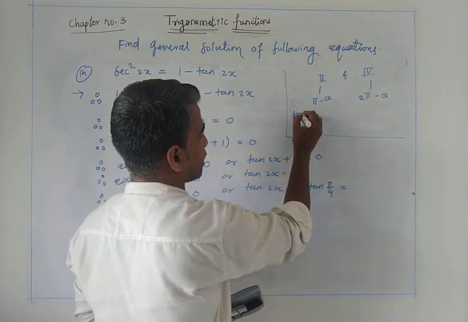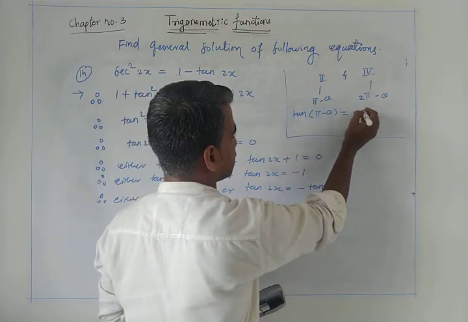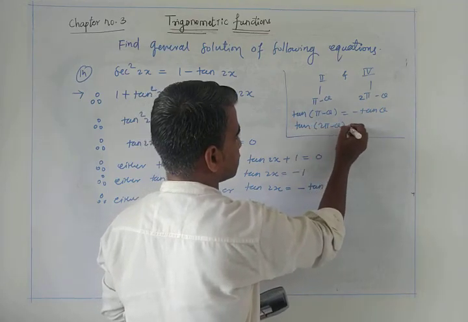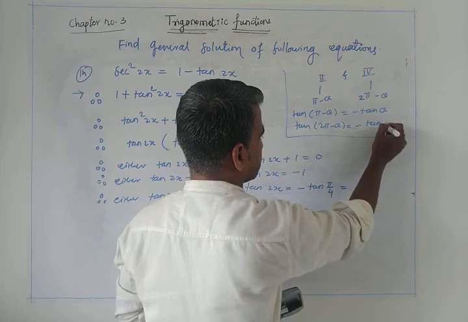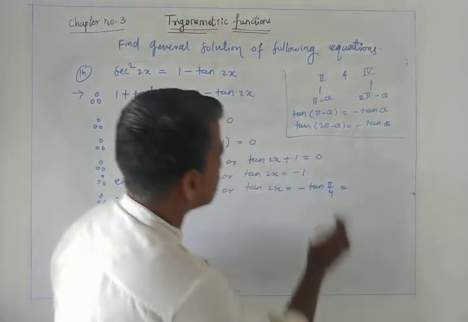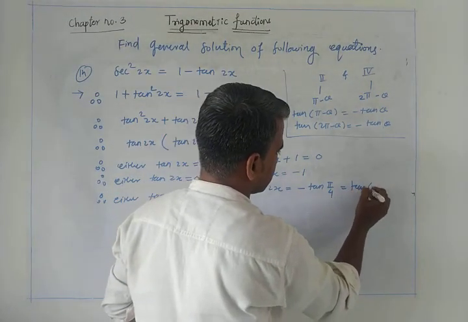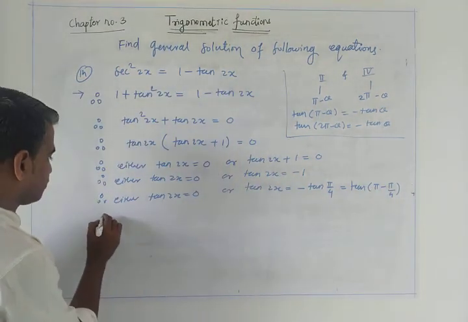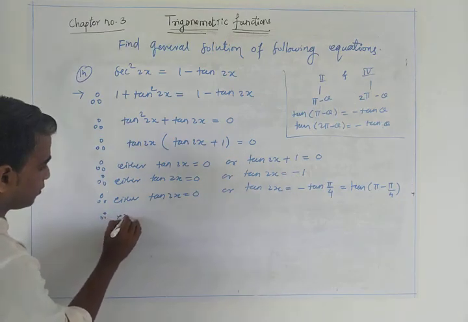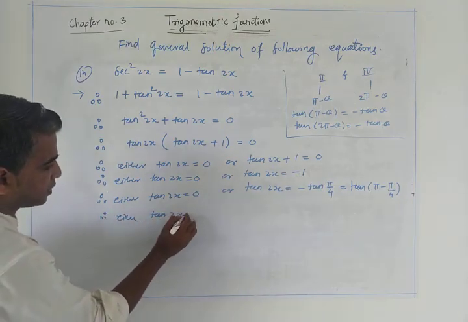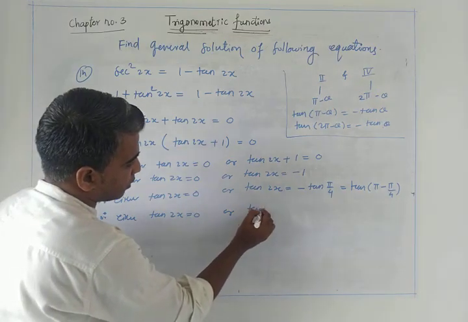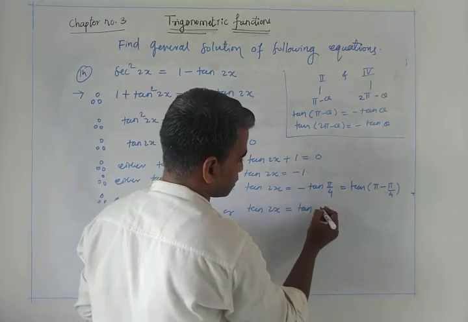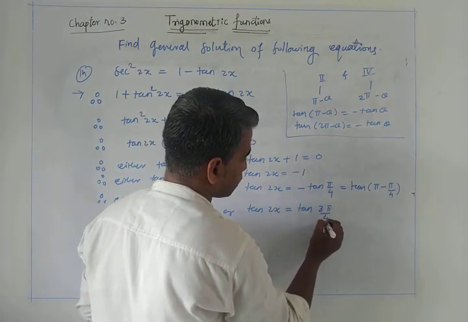That is, tan of pi minus theta is equal to minus tan theta, or tan of 2 pi minus theta is equal to minus tan theta. With either formula, we get tan pi minus pi by 4. Therefore tan 2x is equal to 0, or tan 2x is equal to tan 3 pi upon 4.